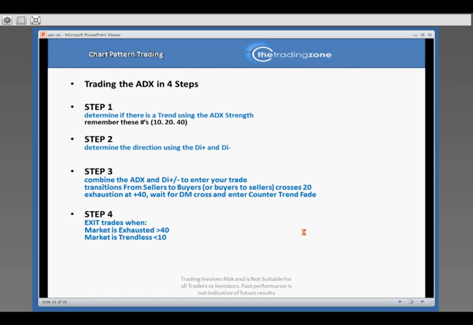Okay, can it be used with Renkos? Yes, absolutely. Intraday. Renko is not something you want to be using for a longer time frame chart. The out-of-the-box setting is 14 periods for the ADX and DMI. Right? Same thing.